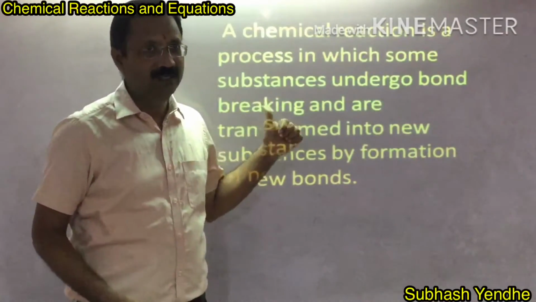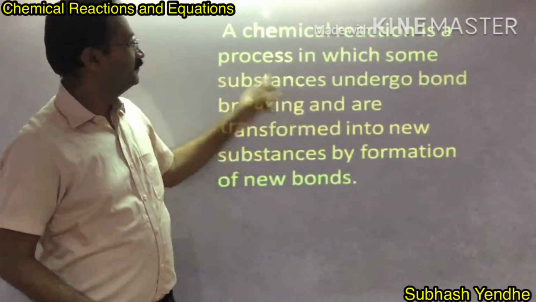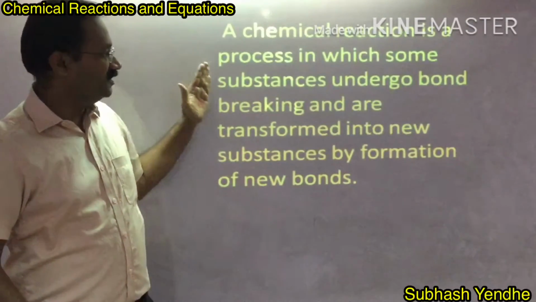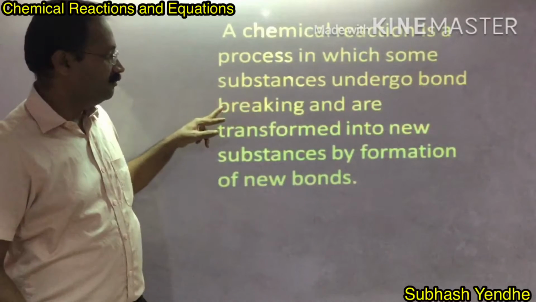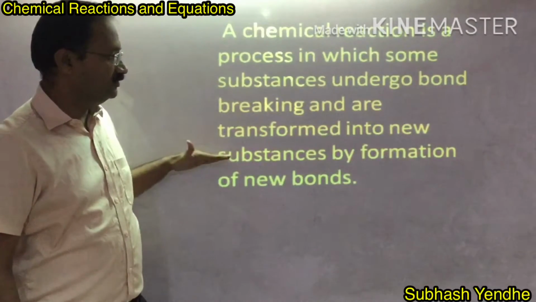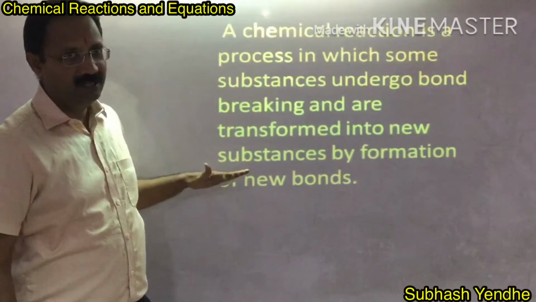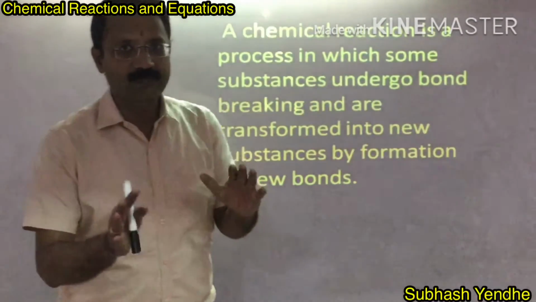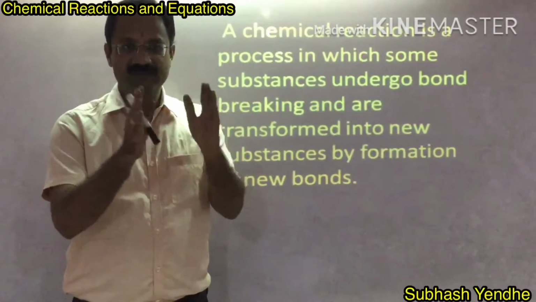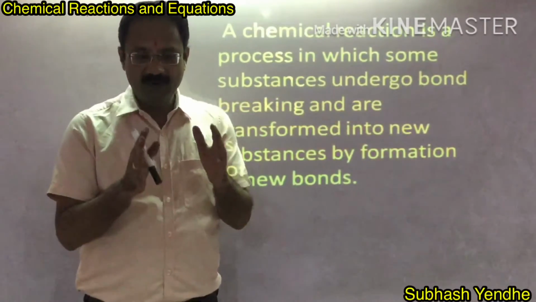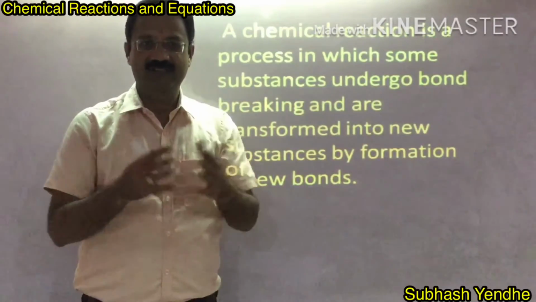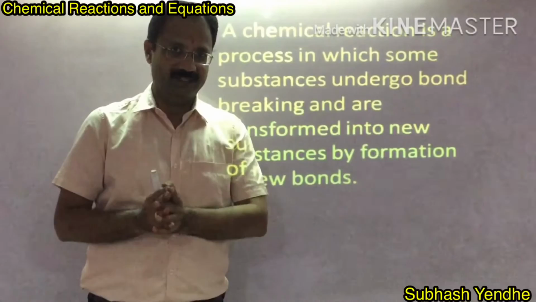That is called a chemical reaction. In simple words, a chemical reaction is a process where the substances undergo bond breaking to form a new substance. That is called a chemical reaction.